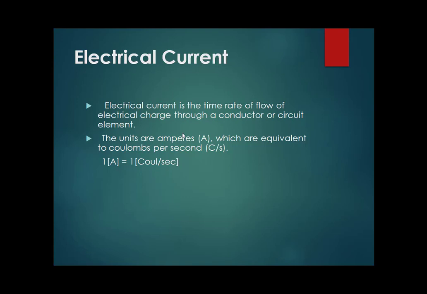1 ampere is when 1 coulomb of charge flows through any conductor or any electrical component in 1 second. When we say that 1 microampere current flows, it means that 1 microcoulomb of charge flows through a conductor or any electrical component in a second.